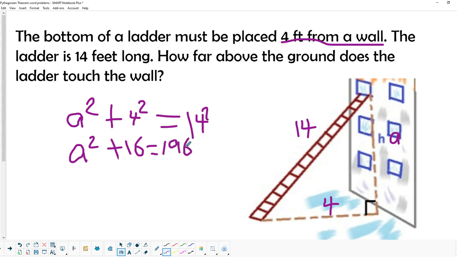Then we subtract 16 from both sides, and we'll end up with A squared equals 196 minus 16, which is 180. Then all we have to do is take the square root of both sides.